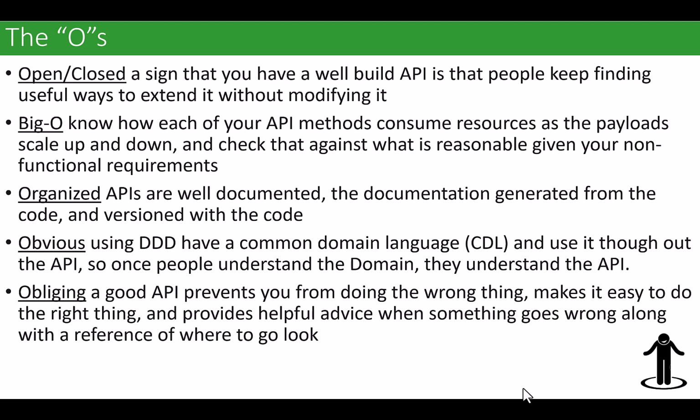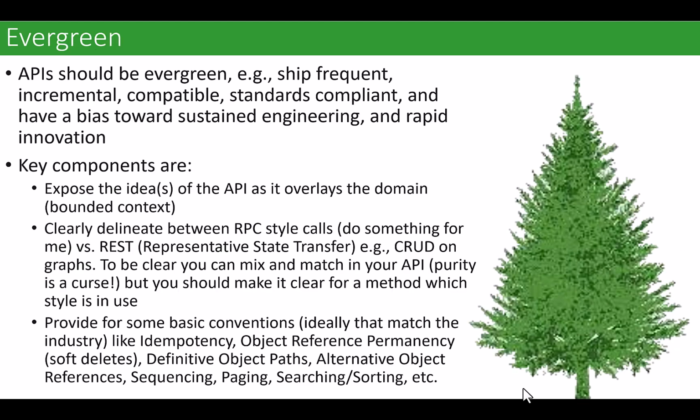And then last, obliging. A good API makes it hard to do the wrong thing, easy to do the right thing, and provides detailed, helpful advice when something goes wrong. Error code E75932 is not obliging.